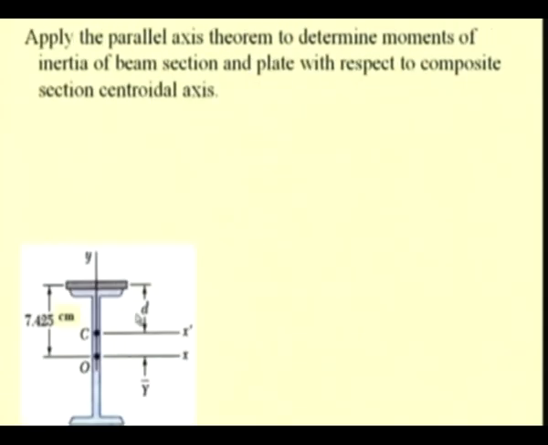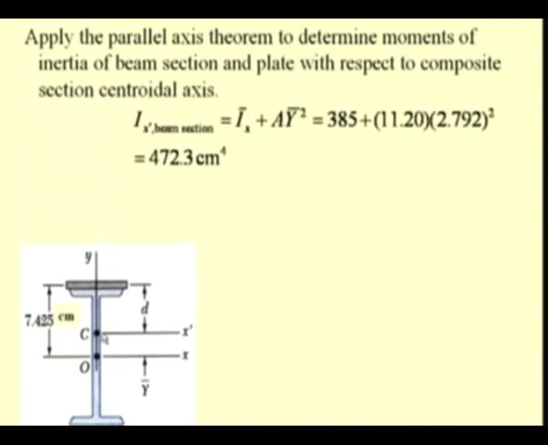Now, we can determine the second moment with respect to the axis passing through this centroid C for this composite section. So, we have this Ix for the beam section as Ix with respect to its centroidal axis plus the area of the cross section of the beam section times y bar square, and which has been determined as 472.3 centimeter to the power of 4.